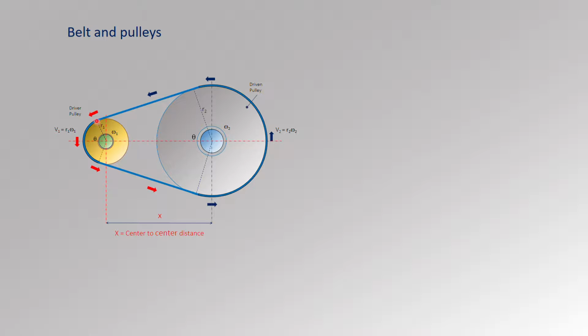At this point here, you can see the belt is about to leave the pulley, that means getting away from the pulley. So from this point to the other point, when the belt wraps over this section, the respective angle is called the angle of lap or the angle of wrap.